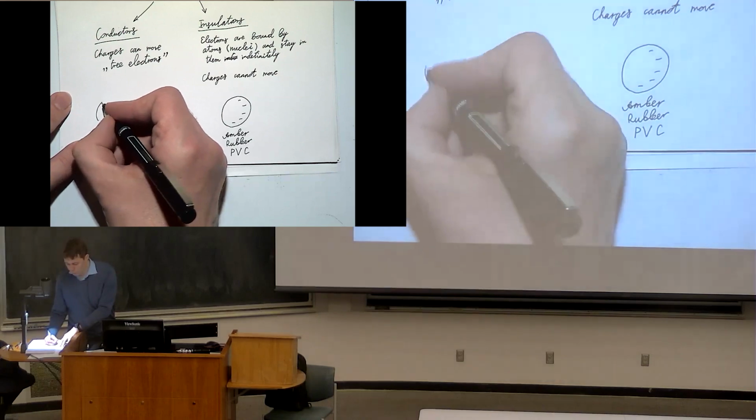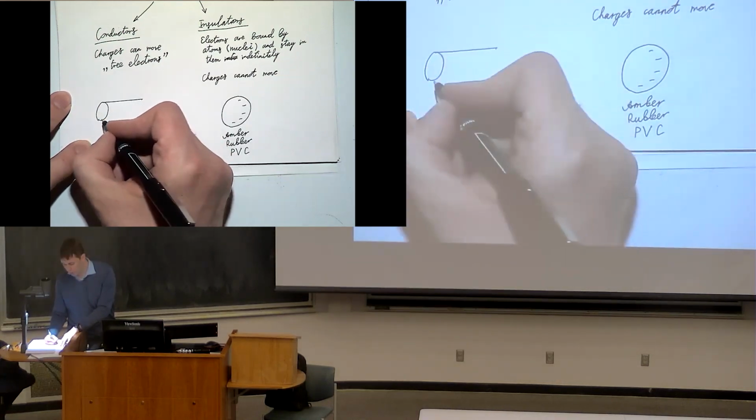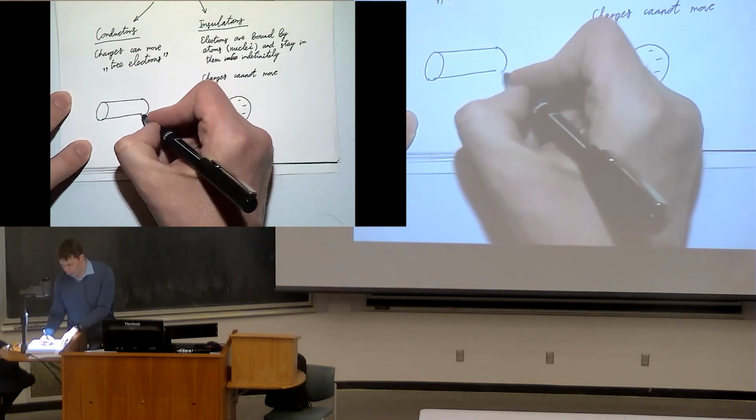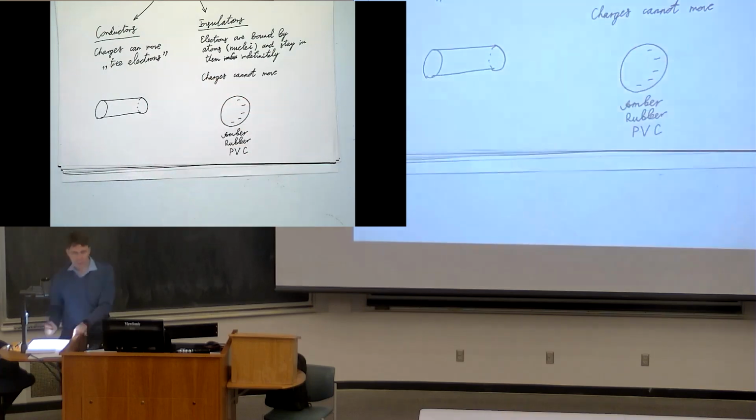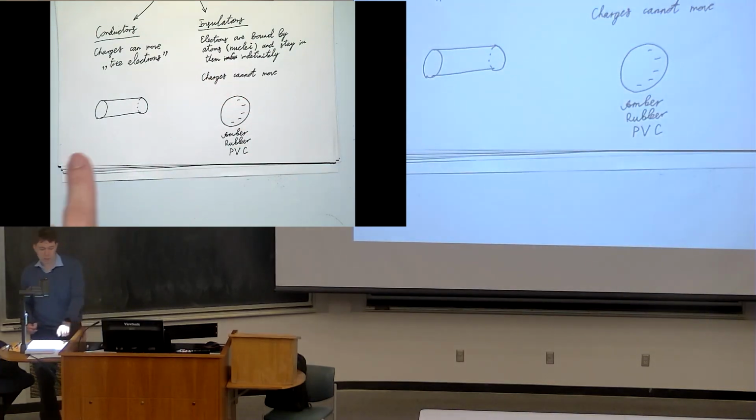But we saw also a different behavior of metallic objects. Let's say this is an aluminium can.